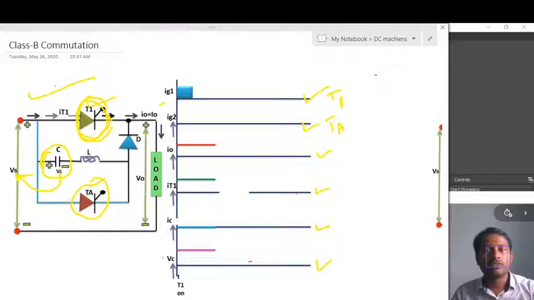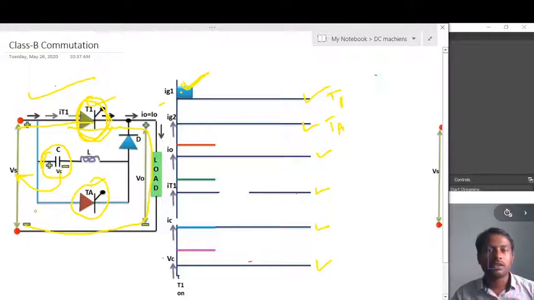If the gate pulse IG1 is given to thyristor 1, the thyristor will turn on and current passes from the supply to the load like this.